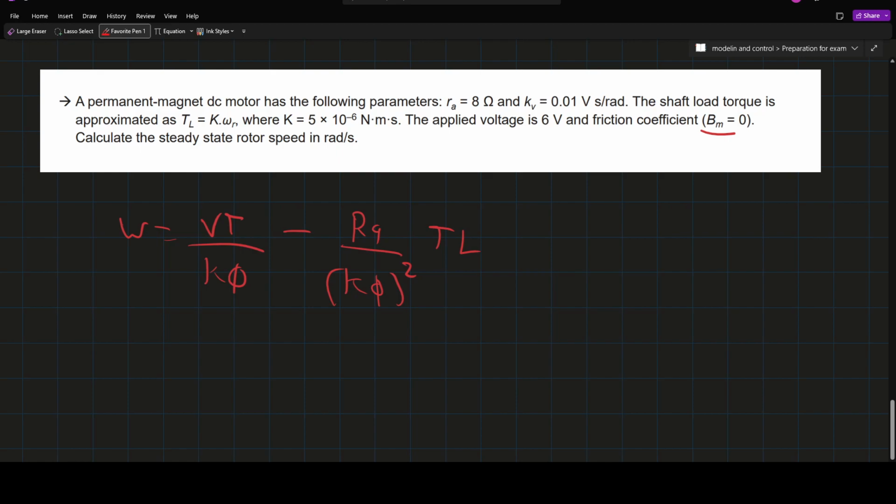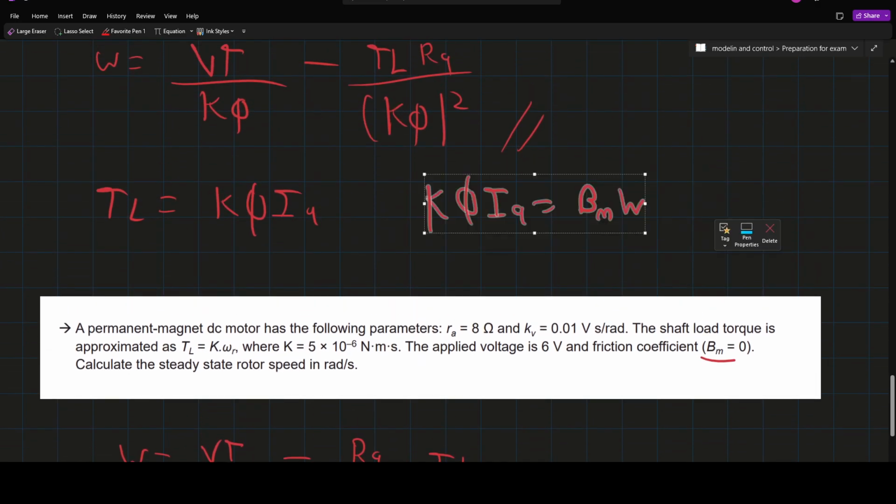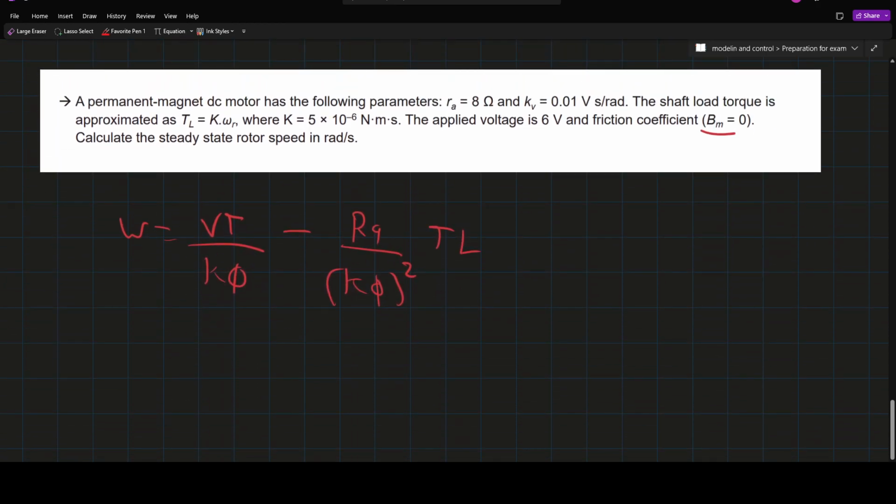Let's figure out what our speed will be, because to find our friction coefficient we are going to need the speed. Okay, so we know that this will be a conversion, and the load torque is approximately, okay.